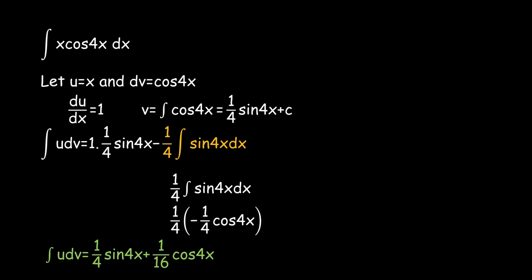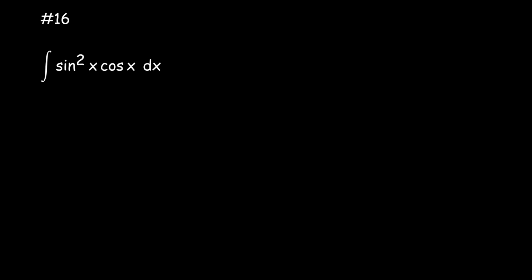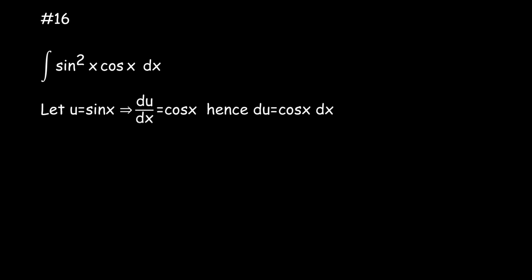Just as in question 16, we have sine squared x cos x dx. Okay, to integrate this, we can let u be equal to sine x, hence du by dx is cos x. Now, since du is equal to cos x dx, we can replace that, as well as the value of u, so we get the integral of u squared du.